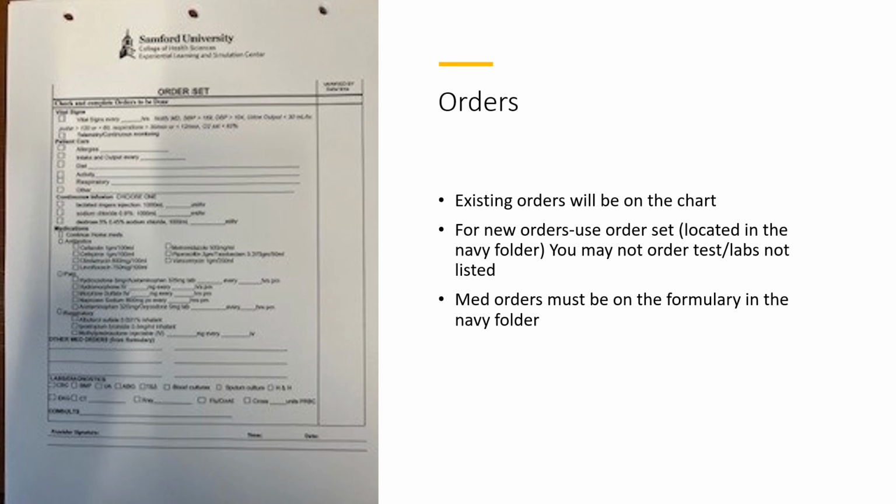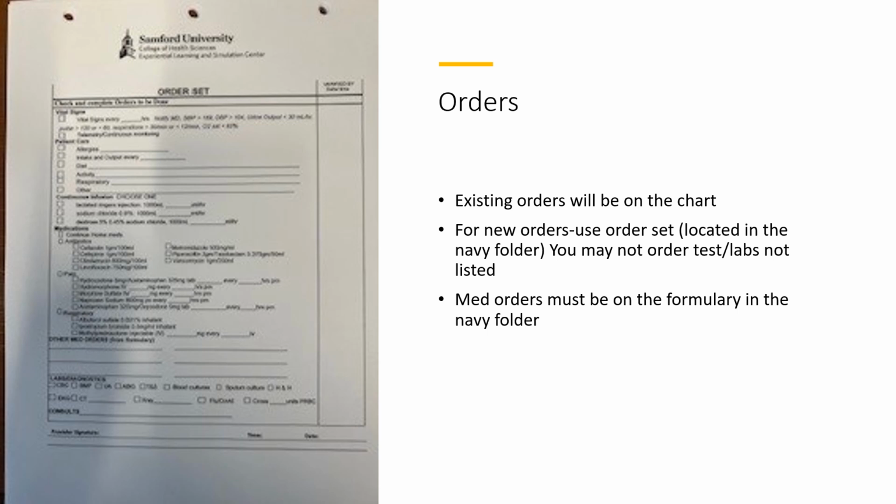If your patient has existing orders or orders that have already been completed, those will be on the chart. Please make note and follow the orders that you have. If new orders are needed, use the order set you see to the left. These will be located in your patient's Navy folder.